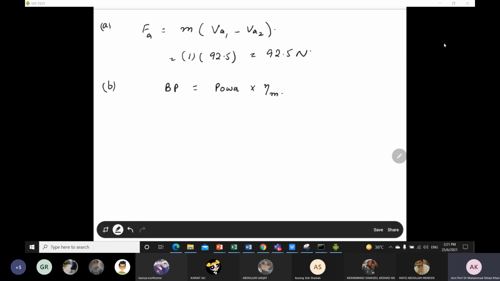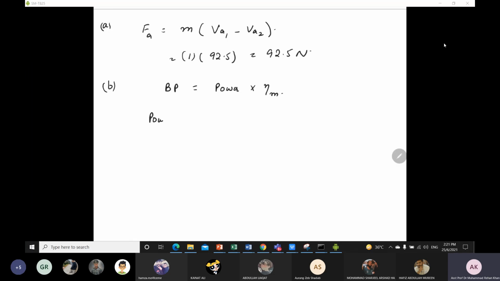In case the mechanical efficiency is given in the question, you can easily put it in, or otherwise you can find it out also. In this case, the mechanical efficiency is mentioned in part B, which is 90%. So the power developed formula we already saw in the last class, which is m (VW1 plus VW2) into blade velocity divided by 1000.